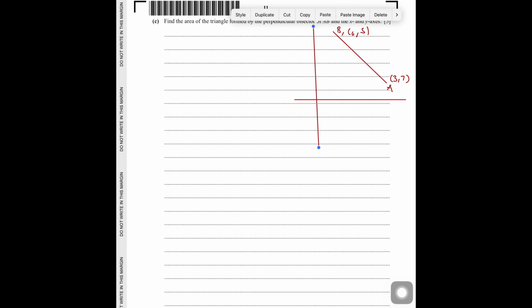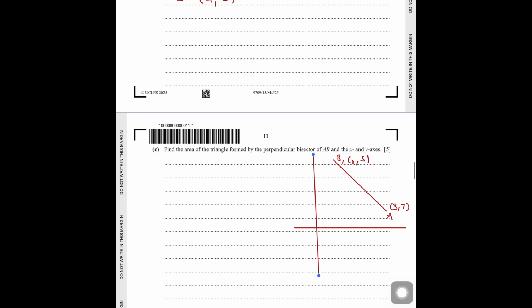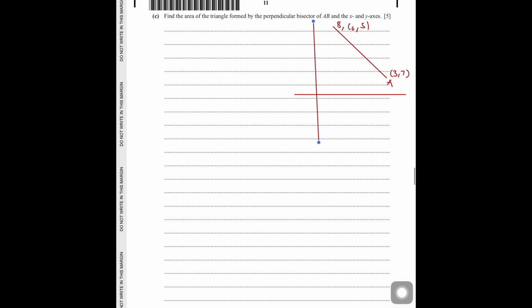All right, the perpendicular bisector of AB. So first I need the midpoint. So midpoint M has coordinates 6 plus 3 divided by 2, 9 divided by 2, 4.5, and 5 plus 7, 12 divided by 2, 6. So this is 4.5 and 6. Now let me draw a line through there.